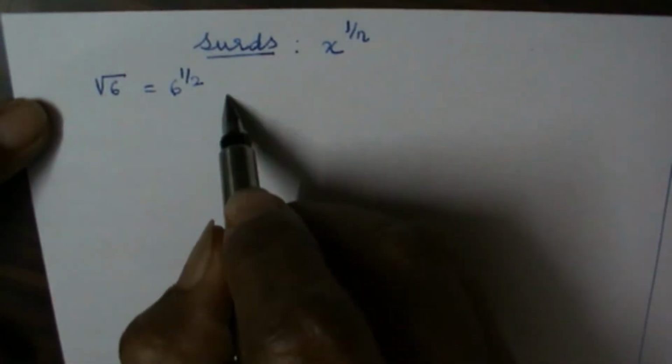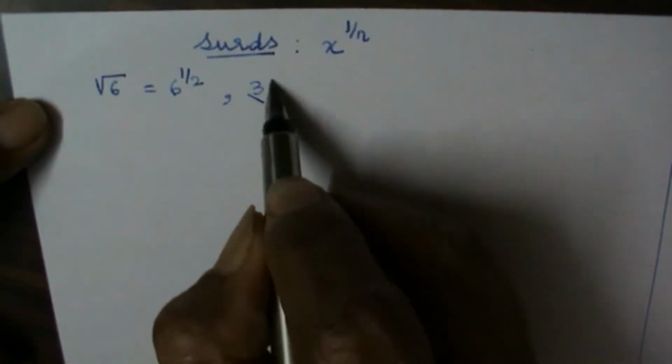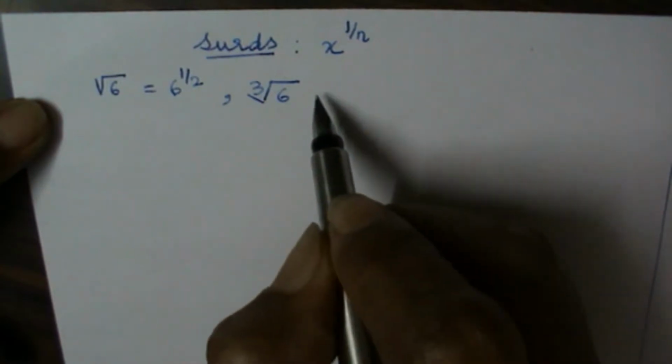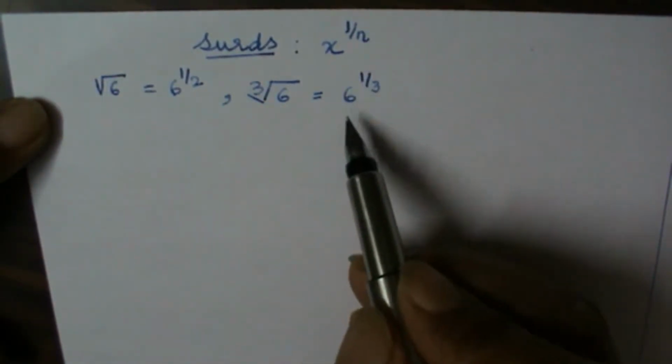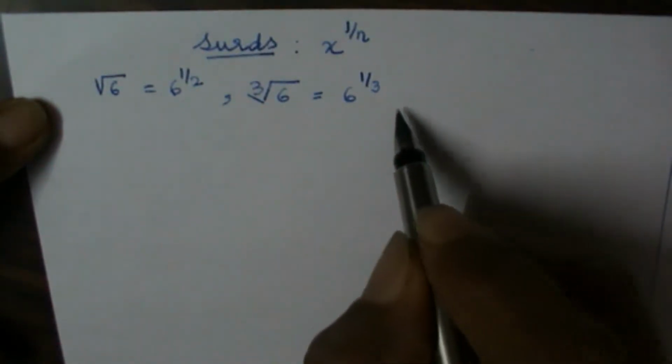So you can have square root of 6, which is 6 to the power half, is a surd, because this is x to the power 1 upon n. Or you can have cube root of 6, which will be 6 to the power 1/3. Again, it is in this format, so it is a surd.